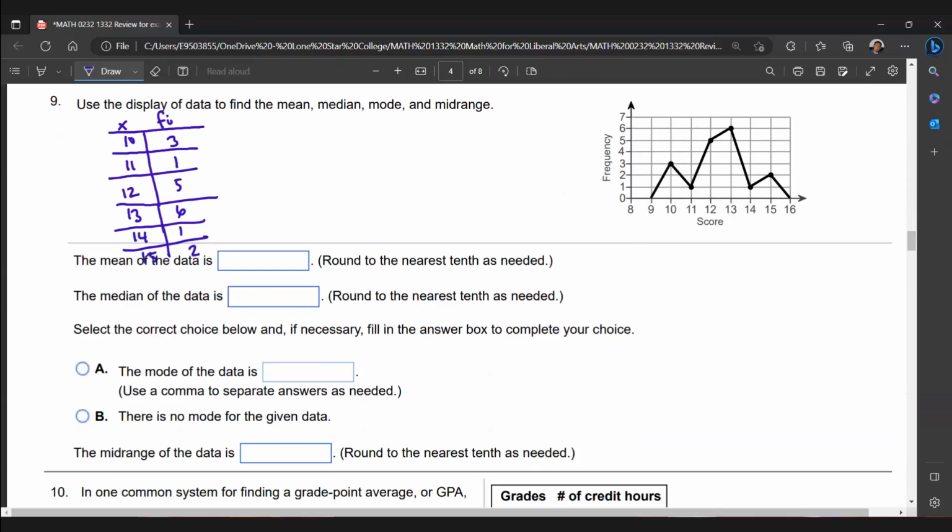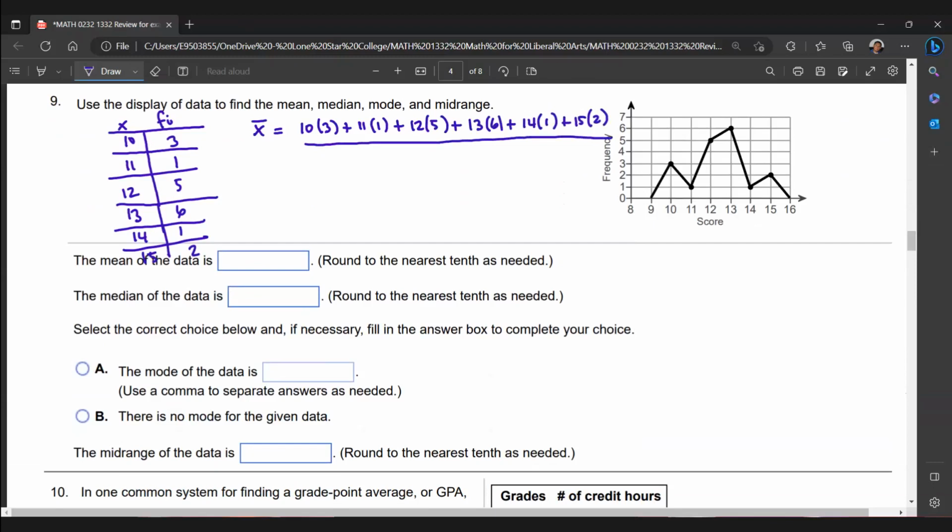So the mean will be equal to the data item 10 shows up 3 times, plus the data item 11 shows up once, plus the data item 12 shows up 5 times, plus the data item 13 shows up 6 times, plus the data item 14 shows up once, plus the data item 15 shows up 2 times, divided by the total number of frequencies.